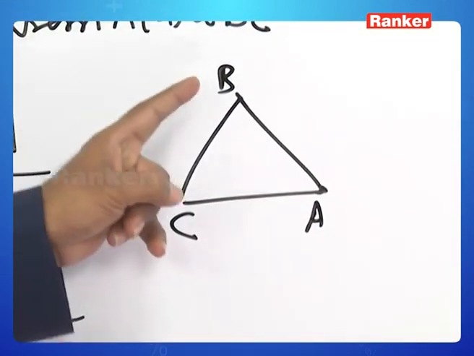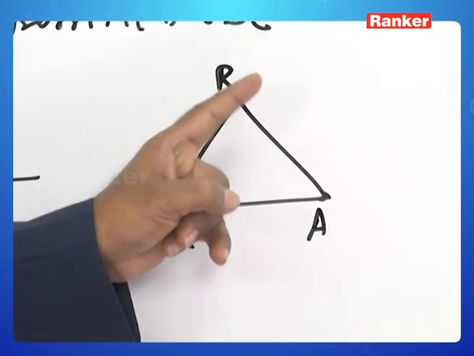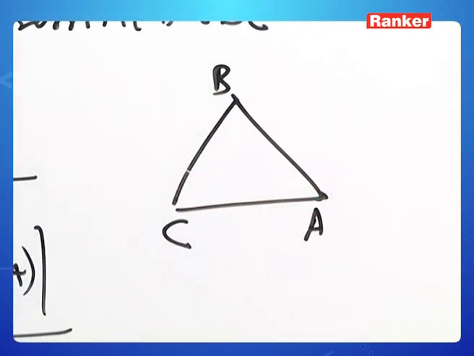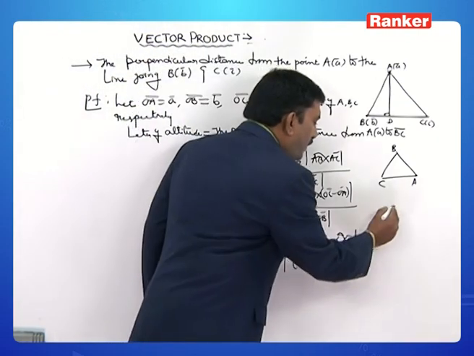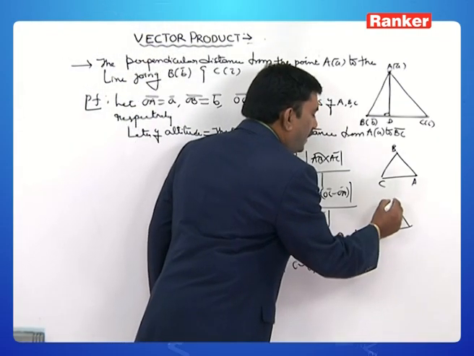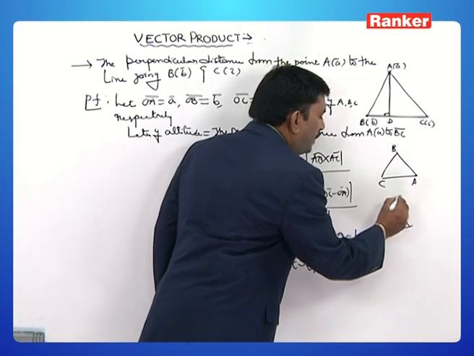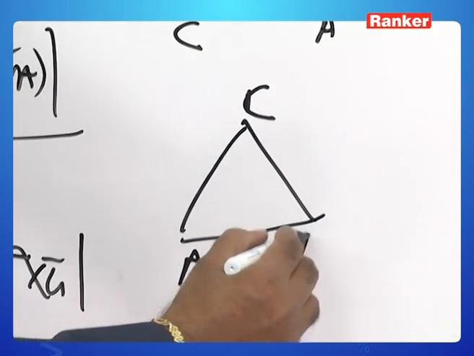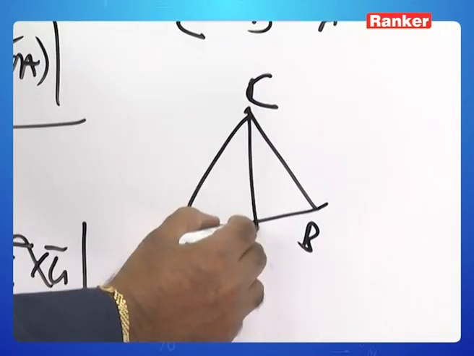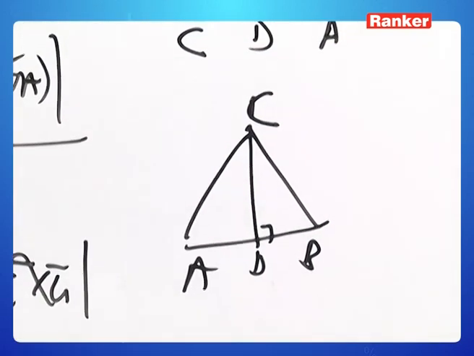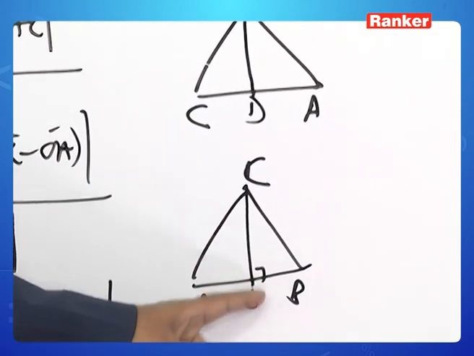It is half into modulus of BC bar cross BA bar by modulus of CA. Similarly, if I take the perpendicular distance from C to AB, this is nothing but perpendicular distance. Now from C to the line AB.